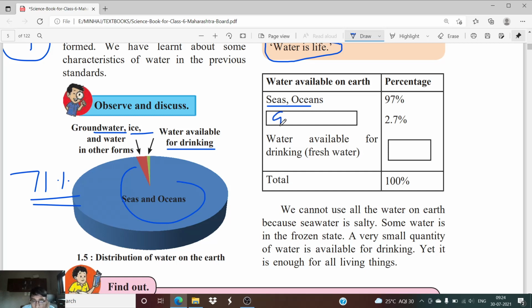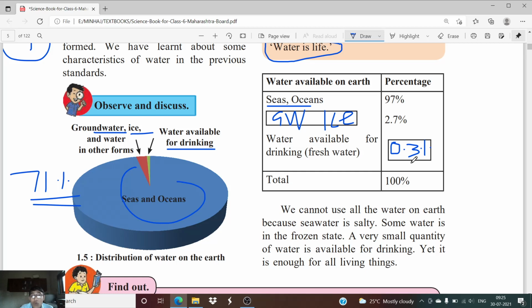Now the remaining 0.3% of water is available for drinking. So you can see that out of 100% of water, only 0.3% of water is there for drinking purpose. So it is quite necessary for all of us that we must prevent the wastage of water.